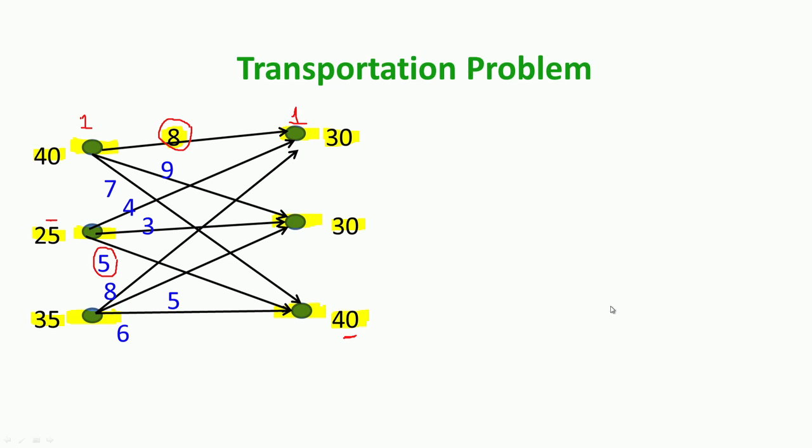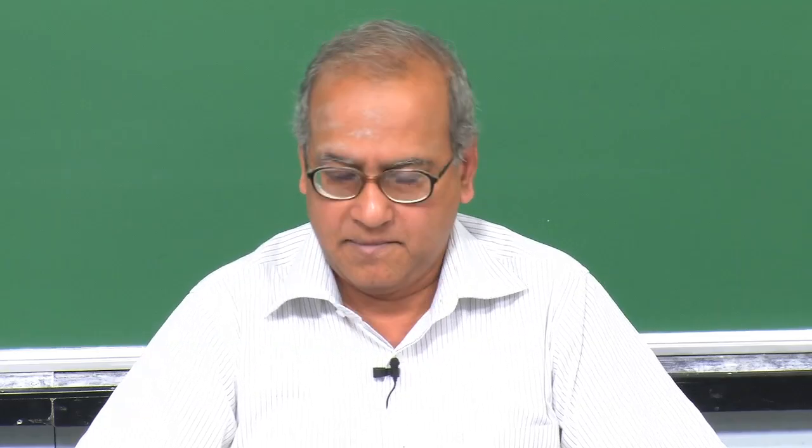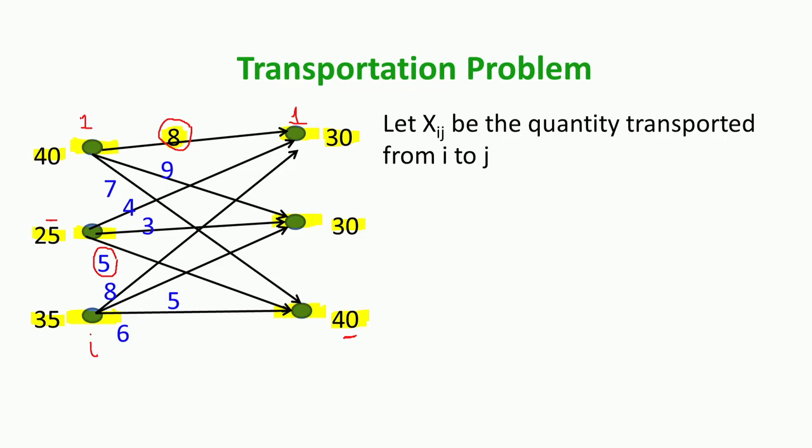Now, let us understand the transportation problem further and let us try to formulate this as an OR problem. So, let Xij be the quantity transported from i to j. In this notation, i represents the set of supply points and j represents the set of demand points or destination points.